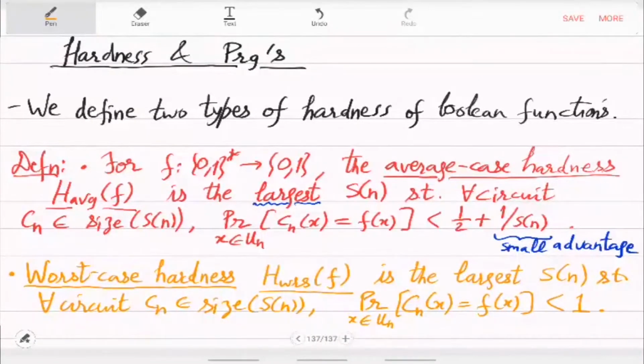That's all. Here even a single mistake is considered a failure. So what is the largest S such that circuits of that size will fail to compute F? That of course is expected to be bigger than the average case hardness.